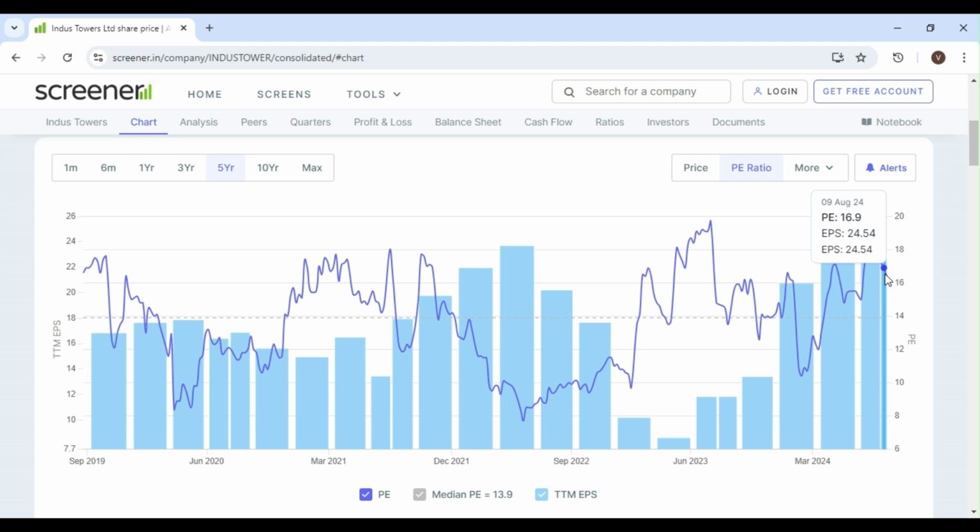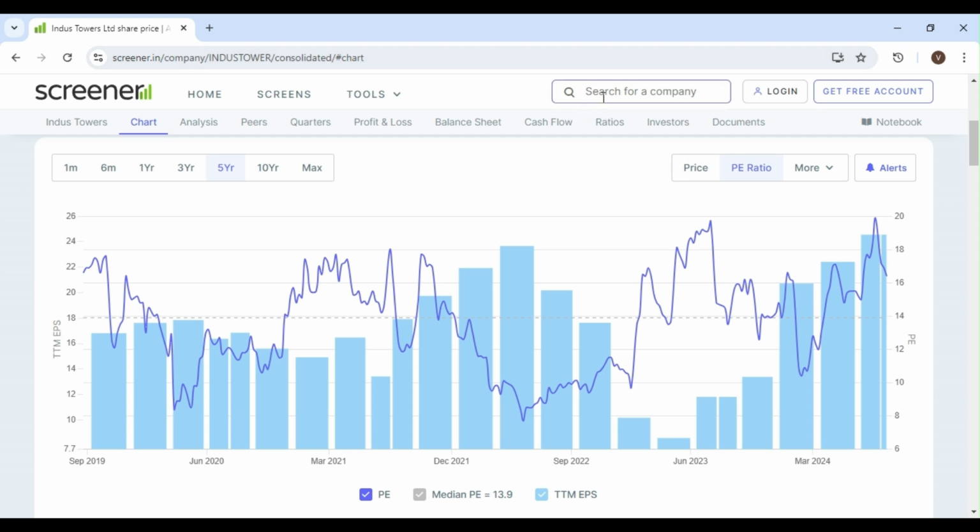Now the present EPS is 24.34, and it is 16 times. So we can wait for the correction in Indus Towers also. It is only an idea, that's all.